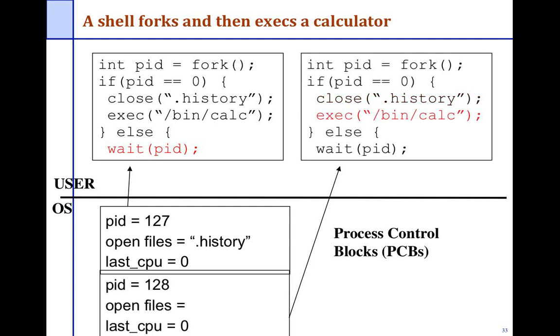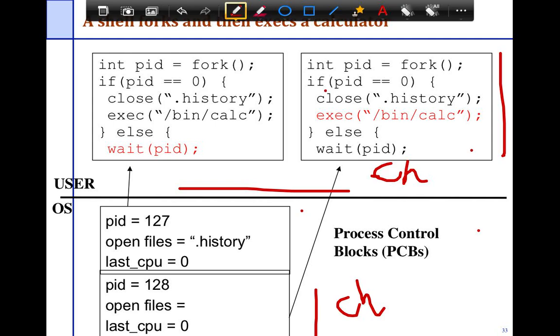Then when the exec is called, the child is going to get overwritten with the calc program, and you can see immediately the open files part has been cleaned up. So there are no open files anymore. Previous to that, there was a dot history which was copied in from PID 127, which was the parent.